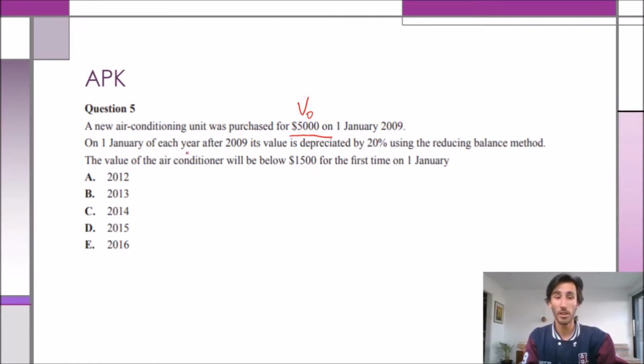On the 1st of January of each year after 2009, its value is depreciated by 20%. So that means our r is 20%, using the reducing balance method. The value of the air conditioner will be below $1,500 for the first time on 1st of January of which year?